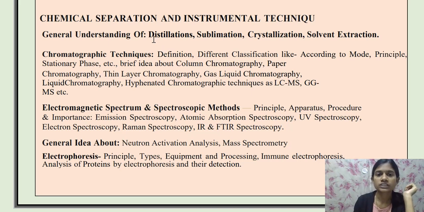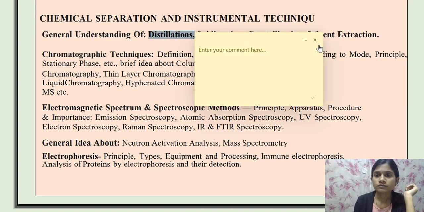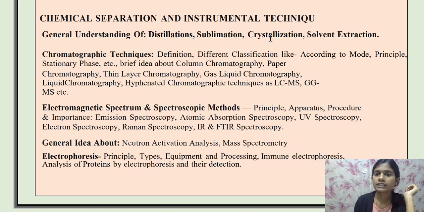Those extractions include distillation, sublimation, crystallization, and solvent extraction. So for that you have to go with a general understanding of these processes. These all include extraction only. You have to understand the difference between these different processes.